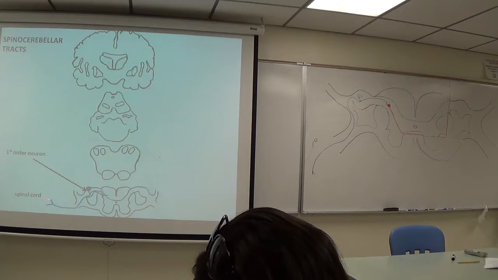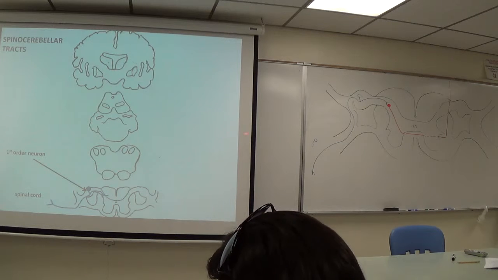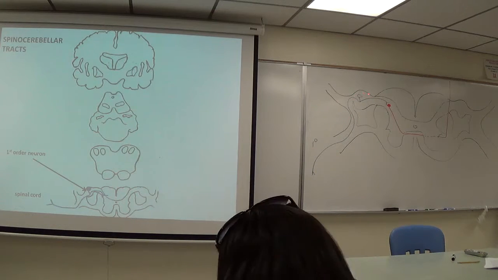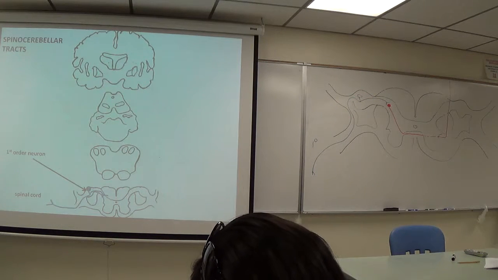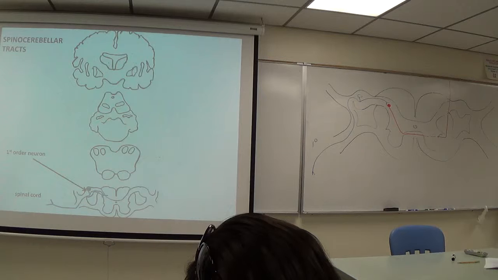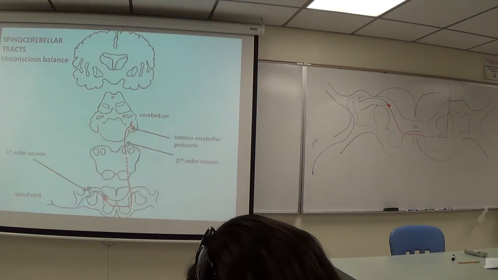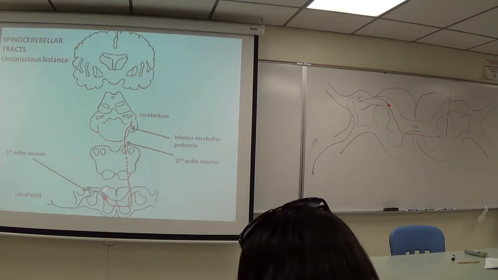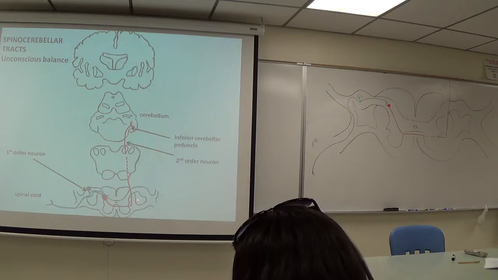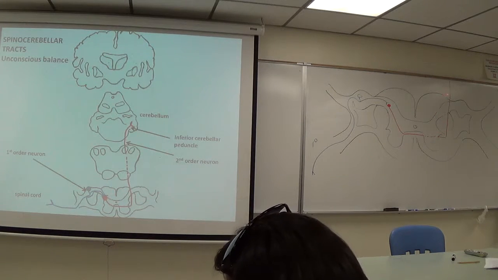So my first order neuron, just like any other sensory pathway, is going to have its cell body in the dorsal root ganglion. It's going to stop in the posterior gray horn. It's going to meet up with my second order neuron, which will cross over to the opposite side, same as we have here.